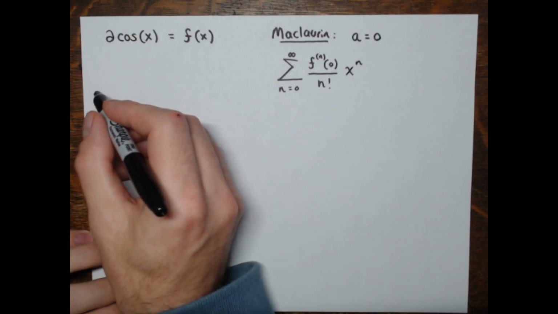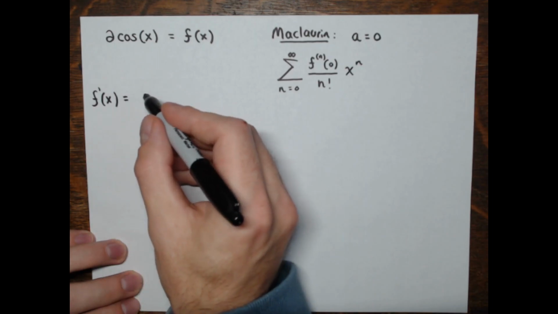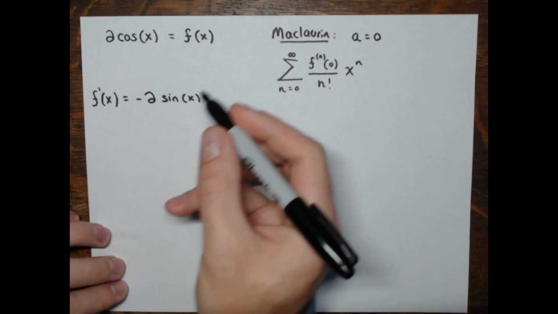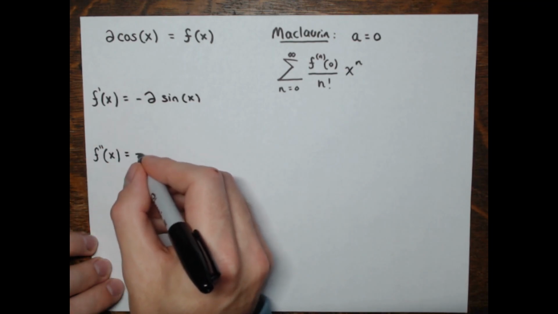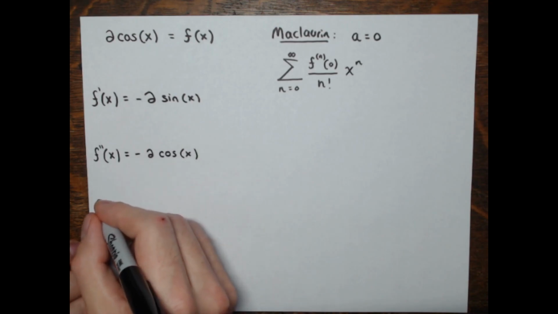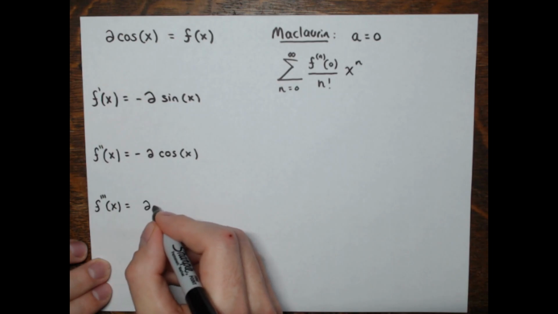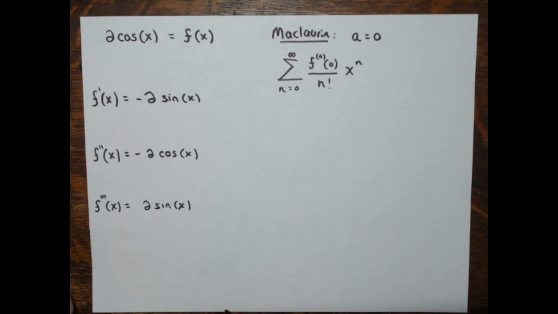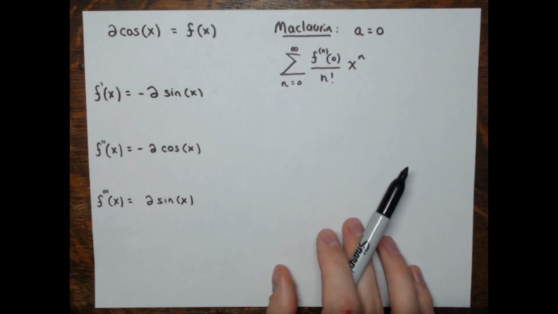So first here's f. Now f prime would be -2 times sine x. The second derivative would be -2 cosine x. The third derivative would be 2 sine x. And like you saw with the last video, and probably in Calc 1, multiples of sine or cosine repeat every 4 derivatives.